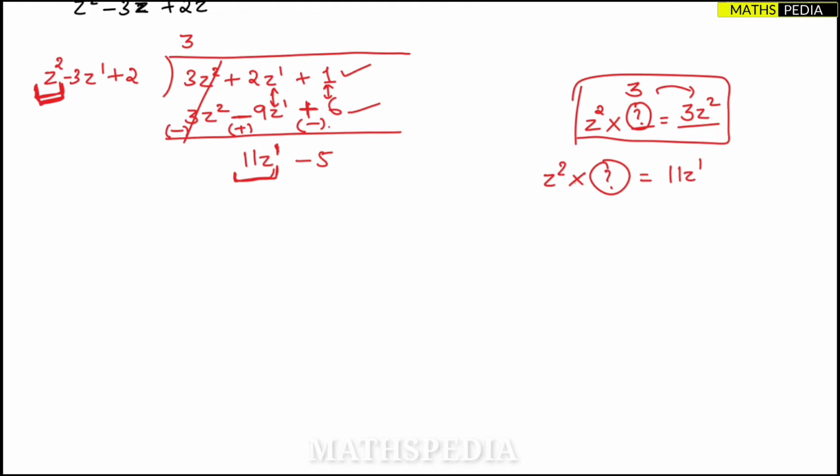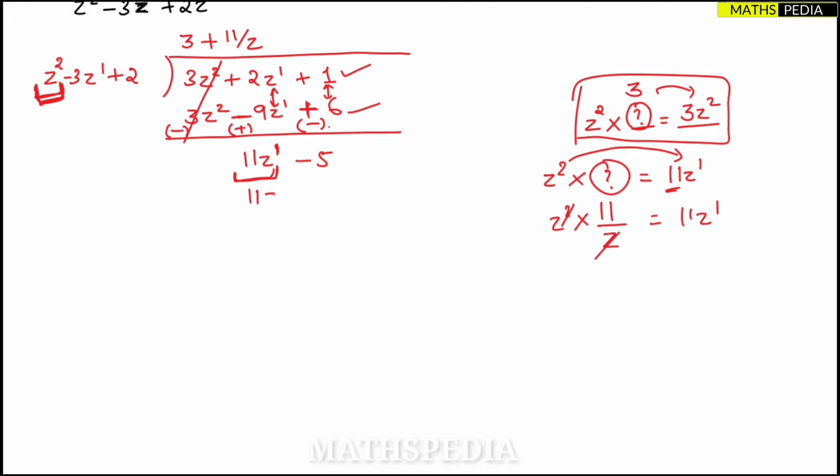This is a question. Now I should have 11 because it is a constant term. Now z square I have to convert into z power 1, one degree less. So I should put here as by z, right? Because z square into 11 by z will be, 1 z cancel, it will be 11z. Okay, so 11 by z I should put it over here. So plus 11 by z, that will be my quotient.